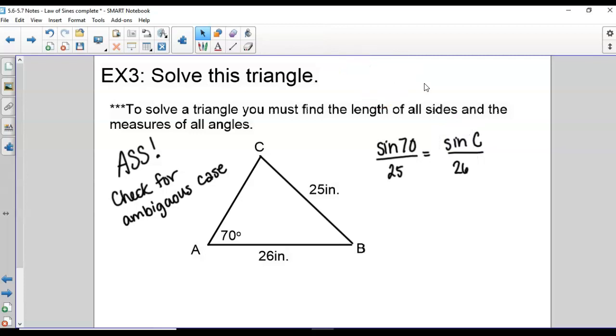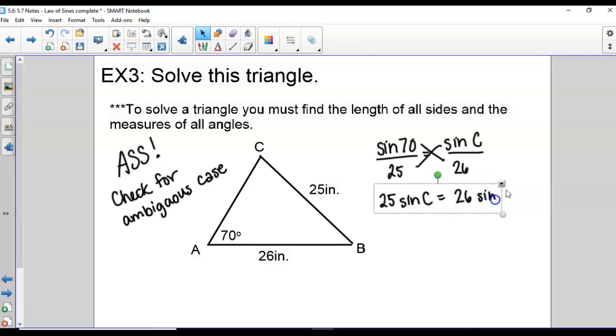Okay. Richard, what do we do to solve that equation? Cross multiply? Yes, that's right. Alright, so 25 times sine C is going to equal 26 times sine 70.